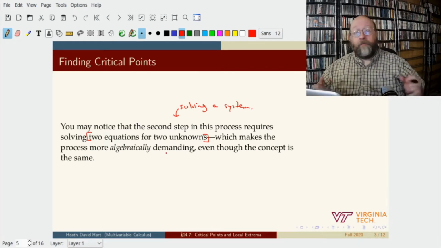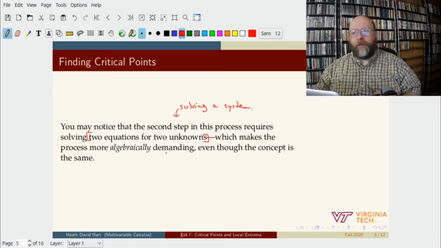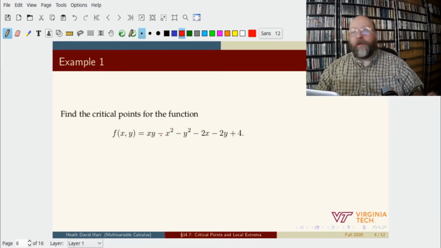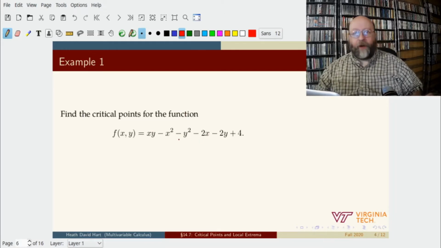So I'm going to go through a couple of examples of finding critical points of a multivariable function here. And you'll see that the algebra is a little bit messier, but conceptually, this is what we were doing in single variable calculus. So here's the first example. We want to find the critical points for this function right here.